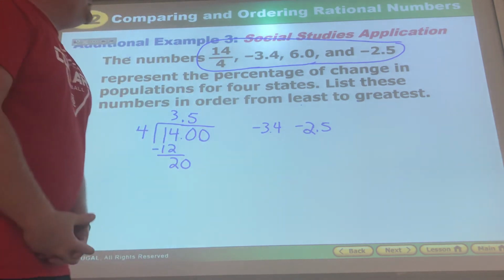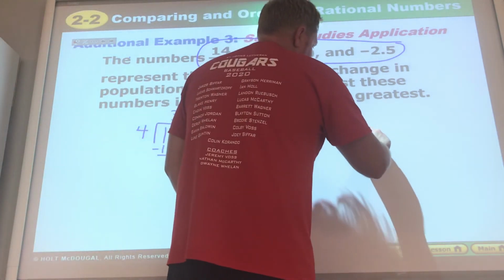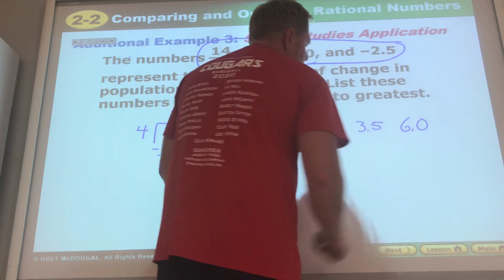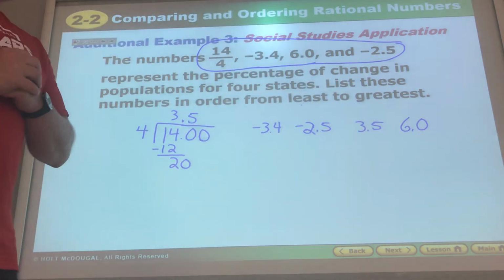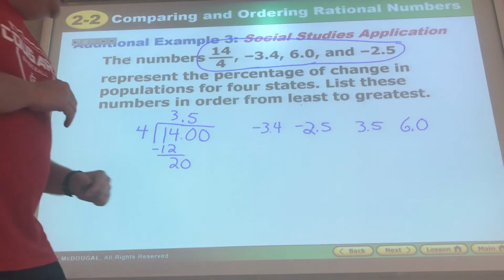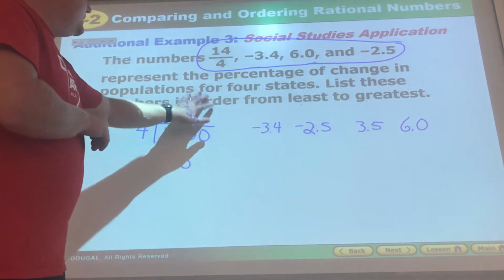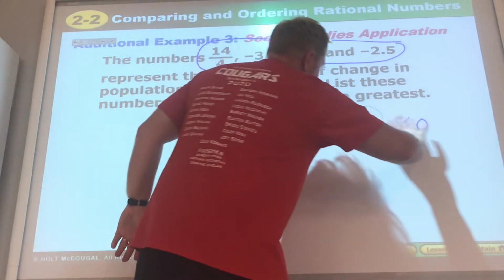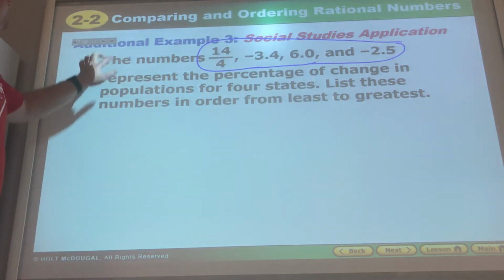The next smallest would be 3.5. And then 6.0. We listed them from least to greatest. We changed one thing, and we were able to do this. Get them all into the same form, then we can do what we need to do.